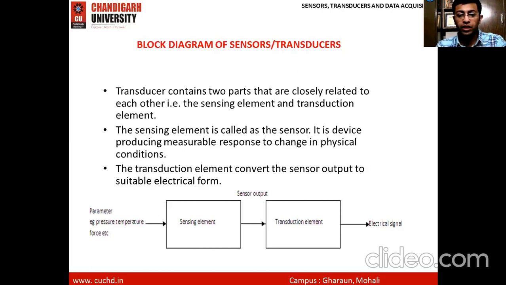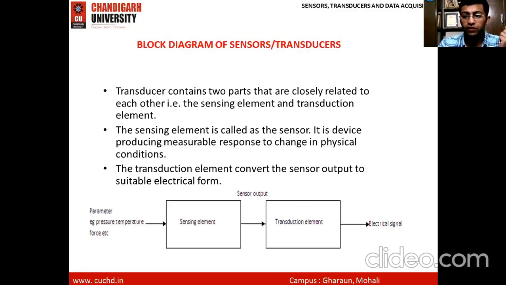They both work in the same manner. But if the output is in some intermediate form, you need a transduction element, a resistive, capacitive, or inductive medium, to convert that intermediate signal into an electrical signal. That forms the part of your transducer.